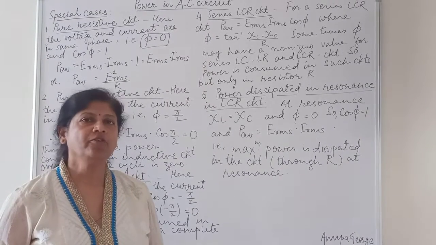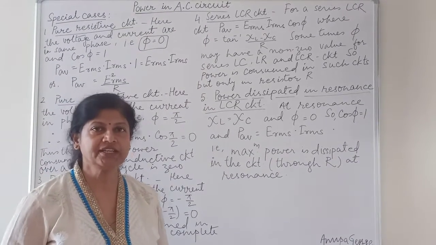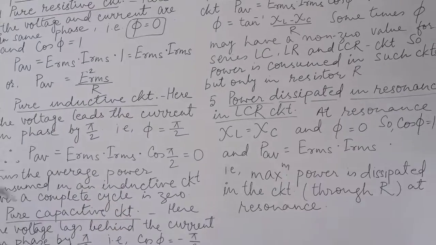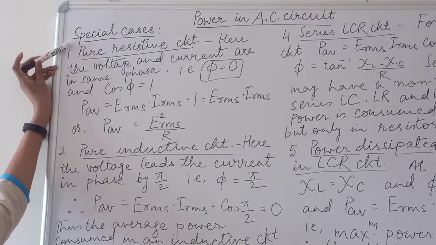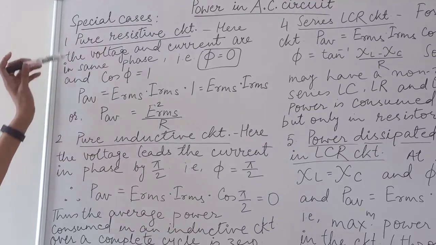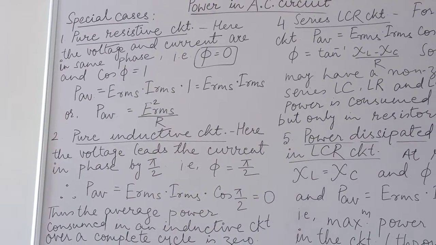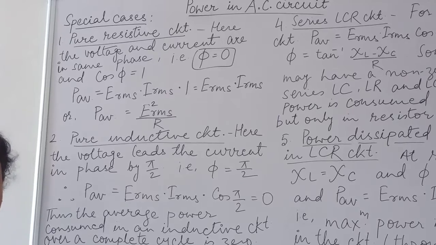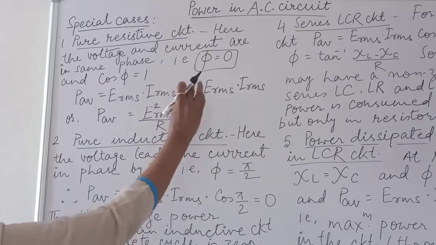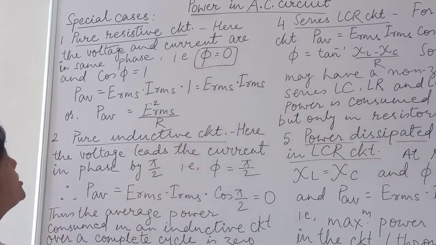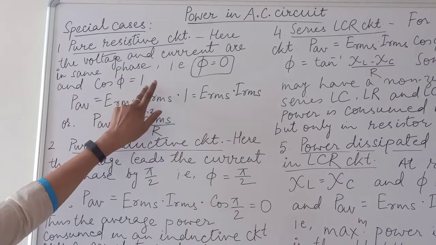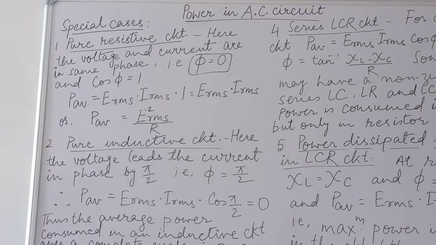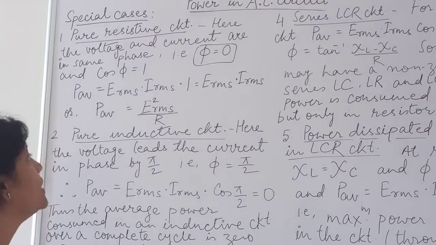Students, now we consider some special cases. First case is the pure resistive circuit. Here the voltage and current are in the same phase, that is phi is equal to 0 and cos phi is equal to 1. Cos 0 degree is 1.